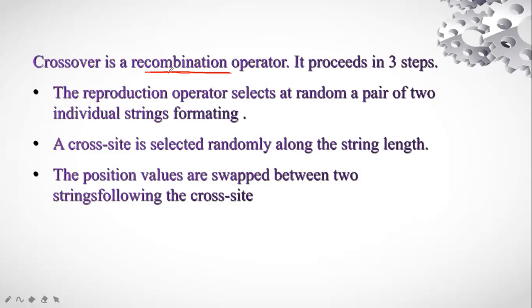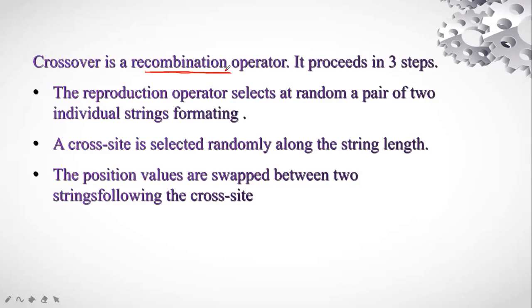They will not be exactly the same when we swap. They will inherit certain properties of parent 1 and certain properties of parent 2, as happens in natural reproduction, right?